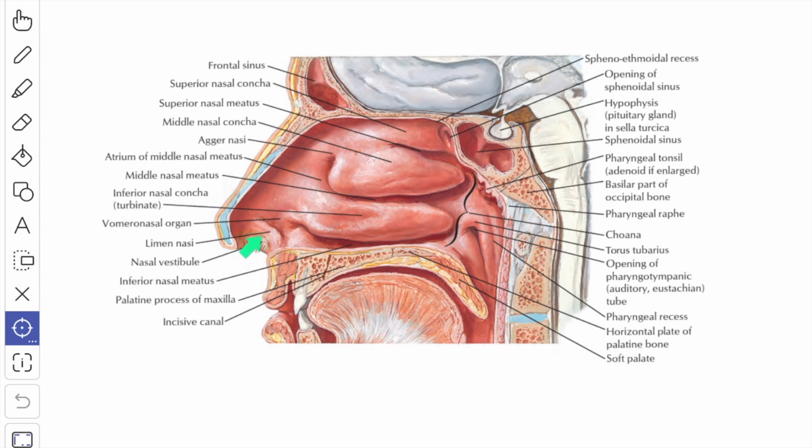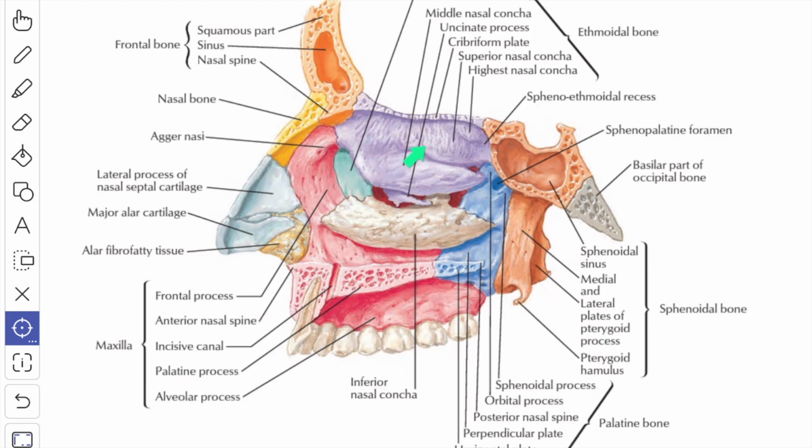Between the vestibule and the atrium you have a mucocutaneous ridge known as the limen nasi. And here you have the agger nasi.